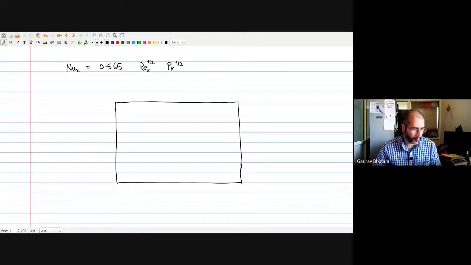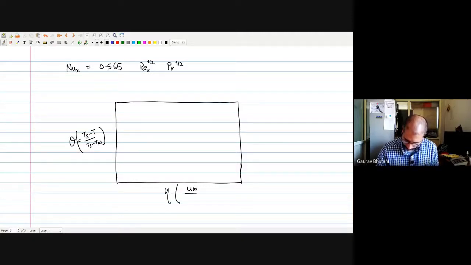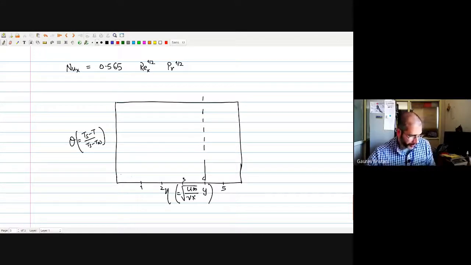Now if we plot theta as a function of eta, where theta is Ts minus T upon Ts minus T infinity, and eta was square root of U infinity by nu x times y, let's also put some scales here. We get some plot like this.